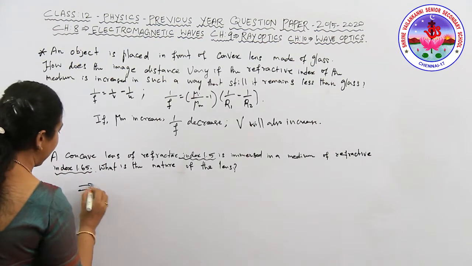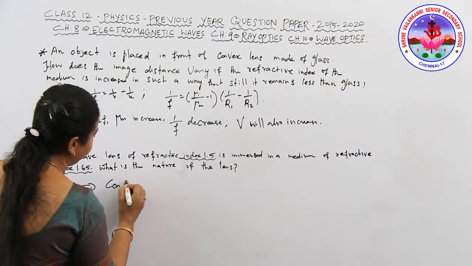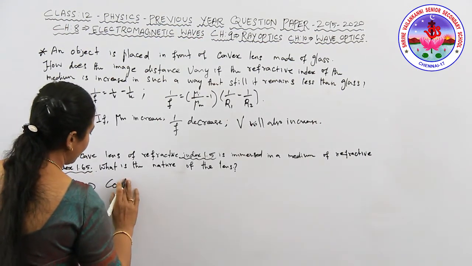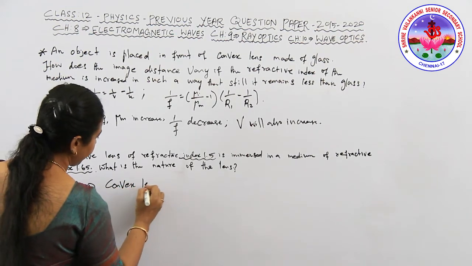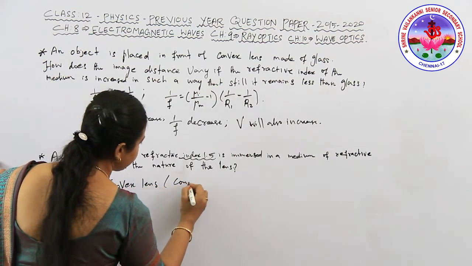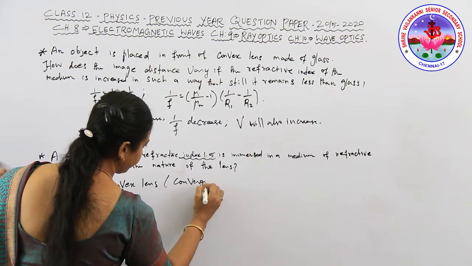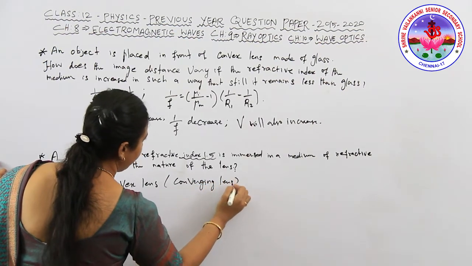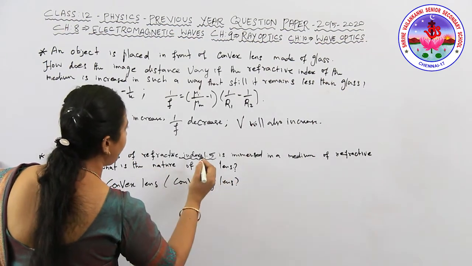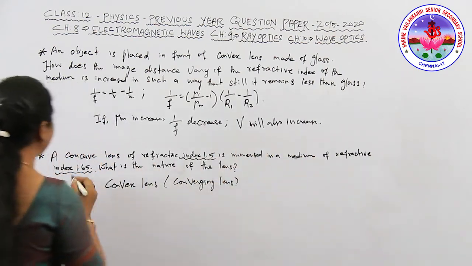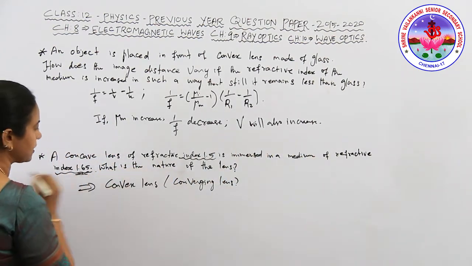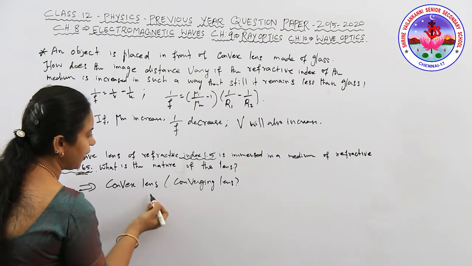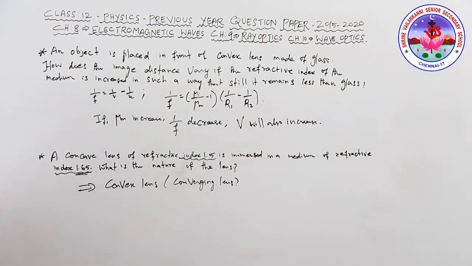We can say the answer is convex, or converging. Because the lens of refractive index 1.5 is immersed in a medium of 1.65, which is more than it, by that way we can understand it behaves as a converging lens, right?